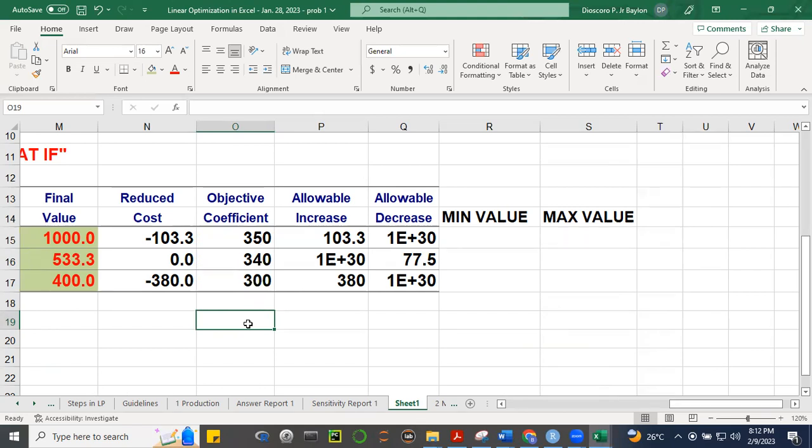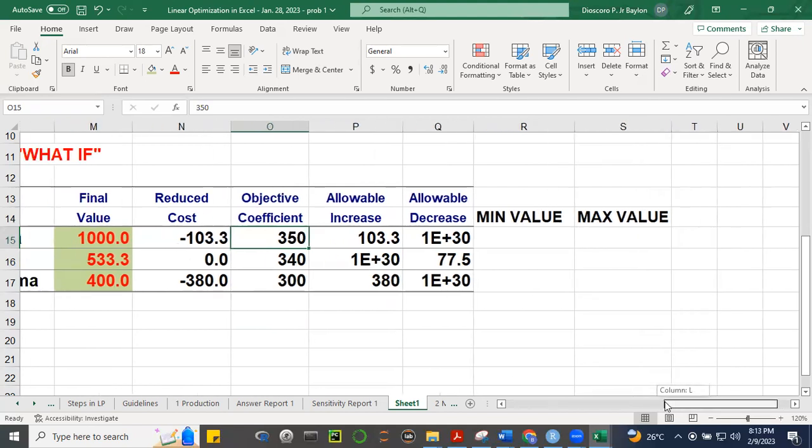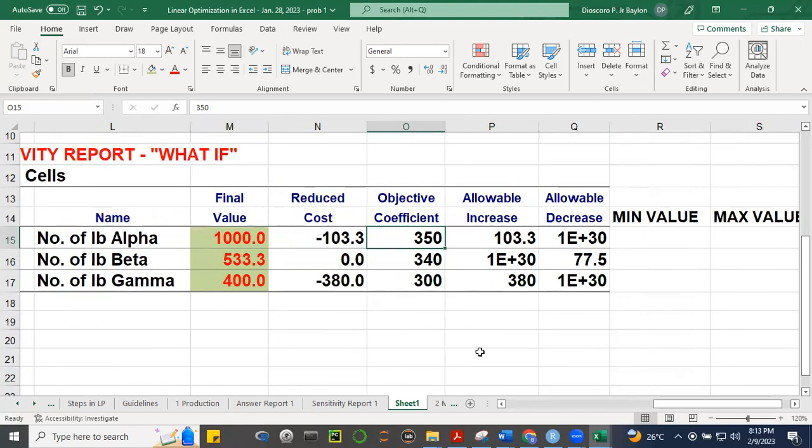We have to reduce the selling price. No? Kunyari, if we're going to reduce it by 10 pesos, and then the variable cost remains the same, bababa yung contribution margin. So what if the objective coefficient for alpha becomes 340, binawasan natin kasi kailangan natin bawasan yung selling price natin to be more competitive in the market.